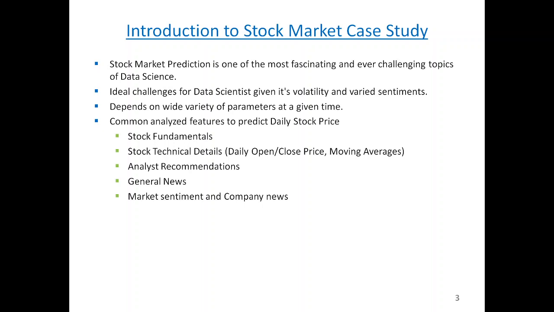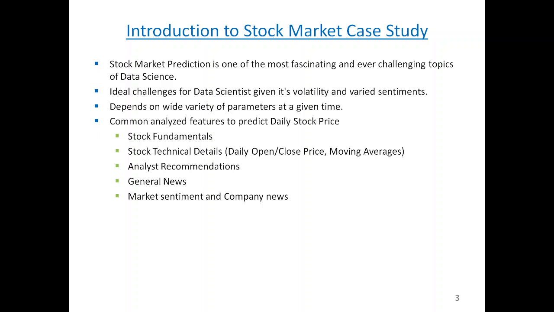The next thing is the stock technical details, which includes what price the stock opened, what it closed, the moving averages, the volume, and all that stuff. And then the analyst recommendations from various financial institutions, whether it is a good, bad, or not so good buy at this time, and so on.